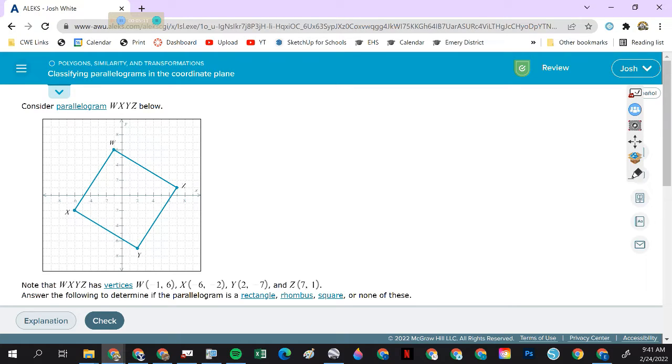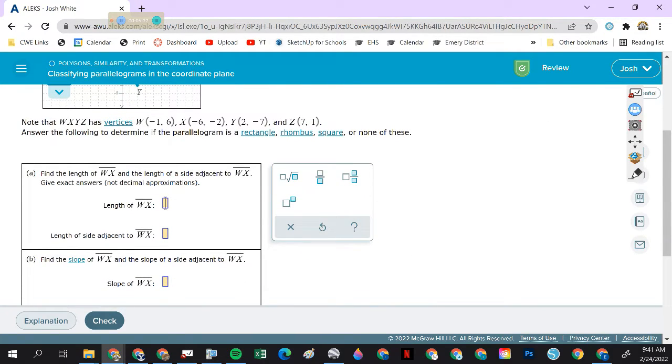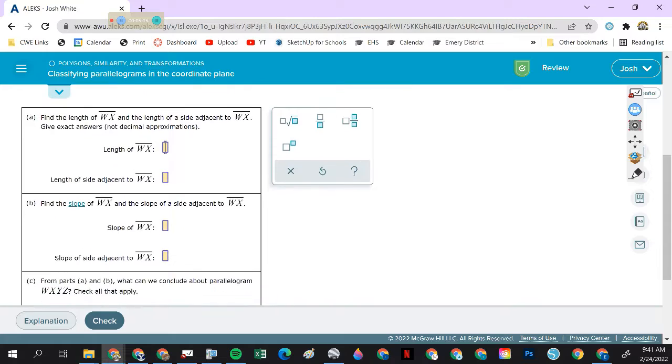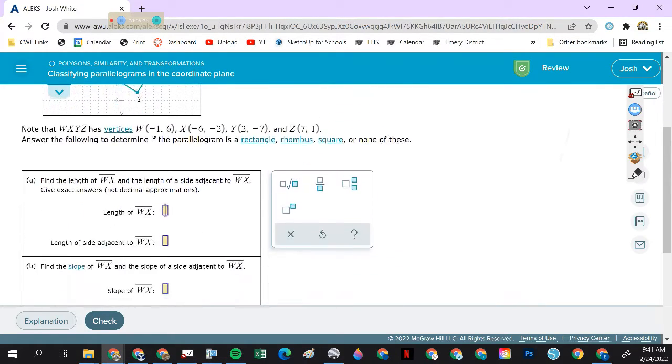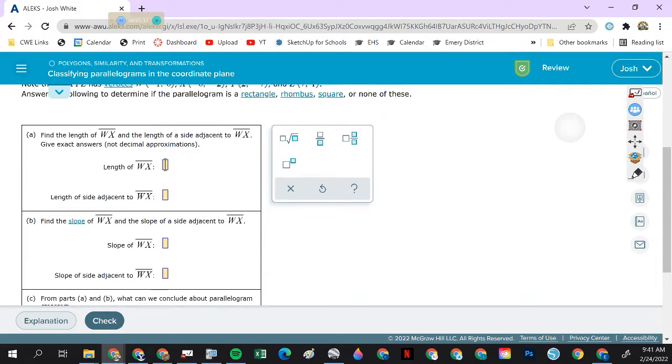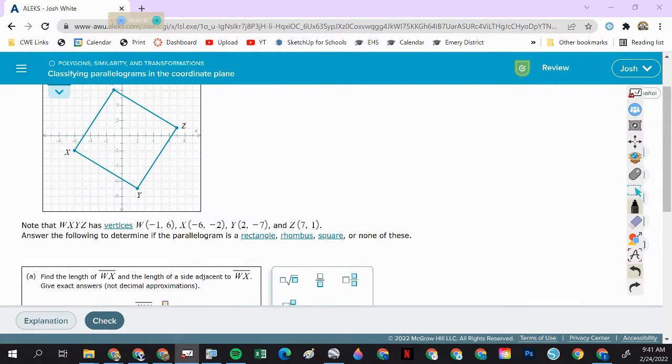Okay. So here we have a parallelogram, and we need to decide, is that parallelogram a rectangle, a rhombus, a square, or none of the above? Okay. So you're going to find the length of WX and the length of a side next to WX. So we draw a right triangle.